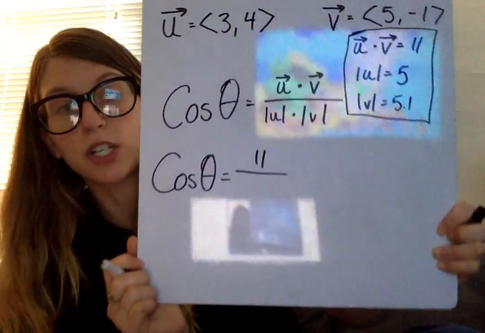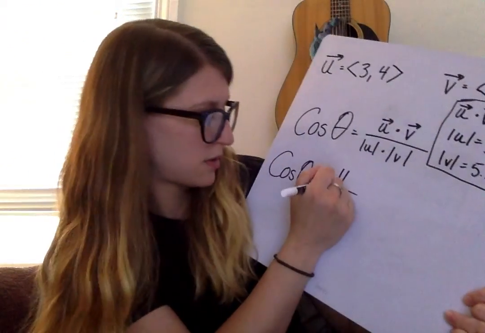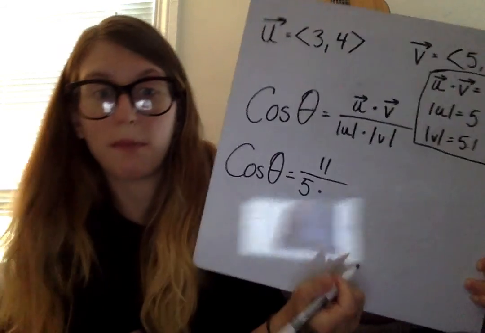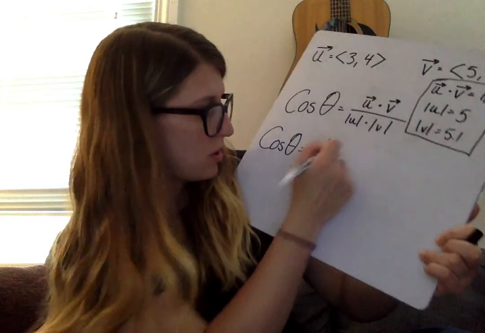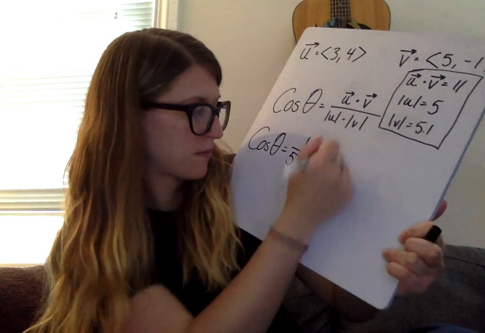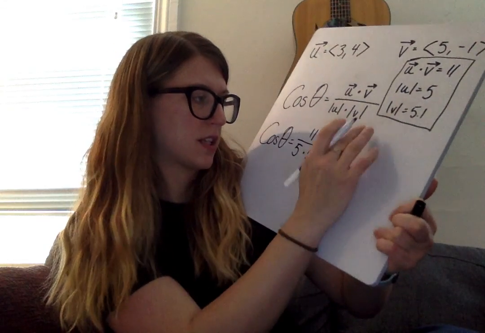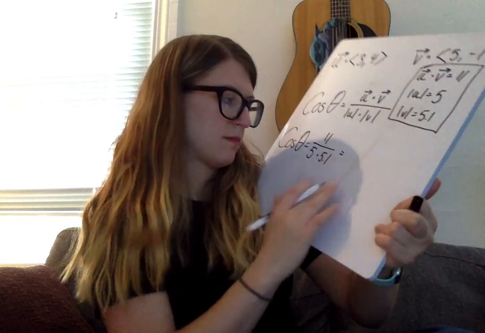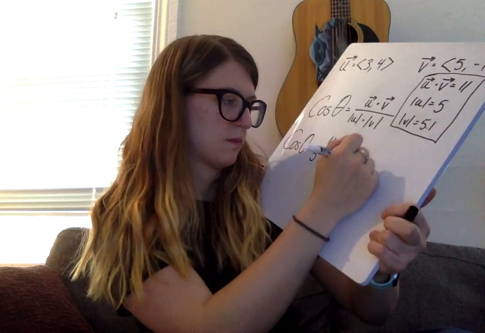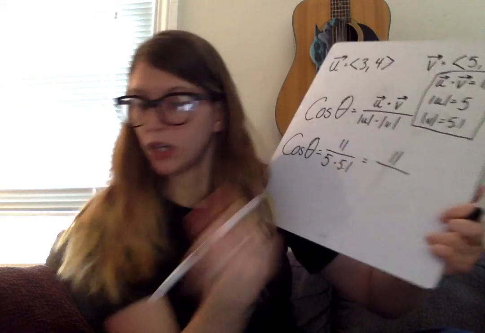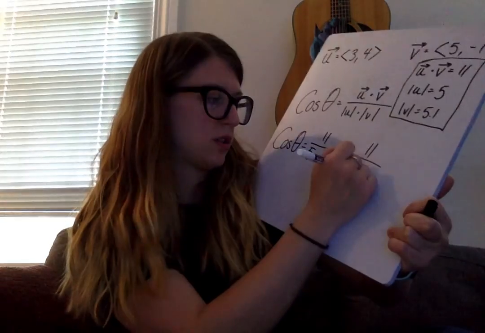I know that my magnitude of u is 5. And we're going to multiply it by the magnitude of v, which is 5.1. And that's going to give me 11 over 25.5.